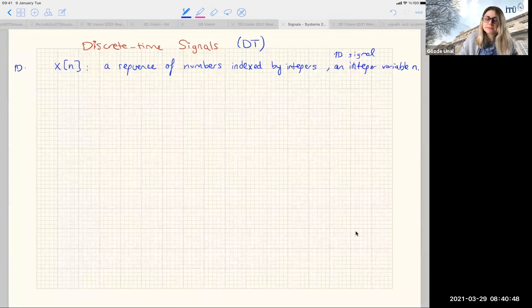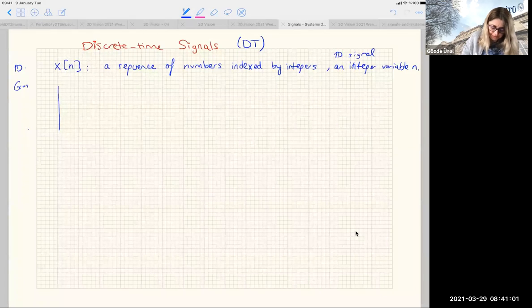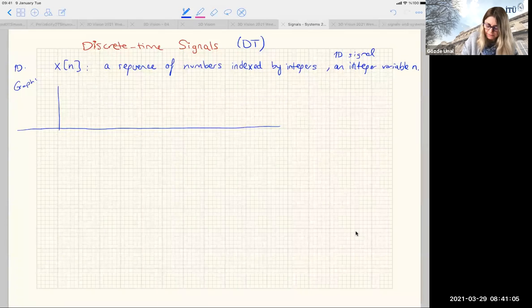A signal representation could be, I think we are mostly used to this, a pictorial or graph representation. And maybe also recall, we were mainly studying t, continuous time, until here.